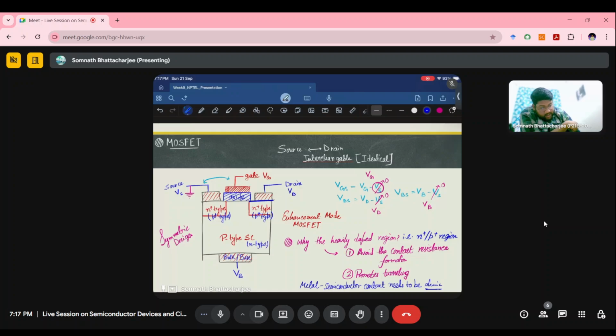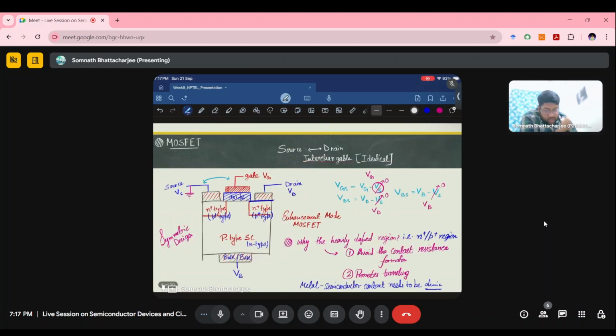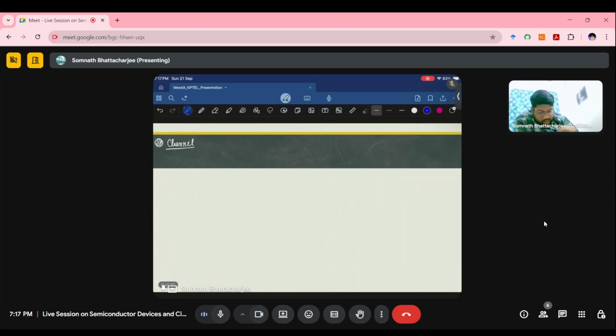Apart from that, we need to know several key parameters. First of all, the channel. What is the channel? A channel is this area. Let me draw it again so it will be better to understand.